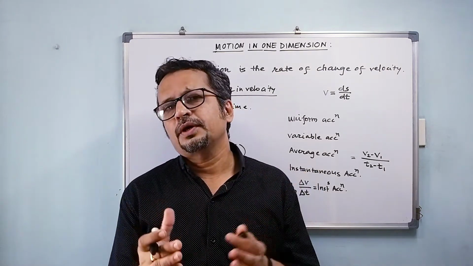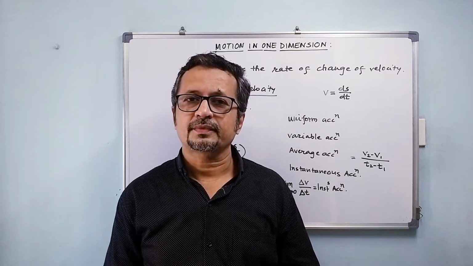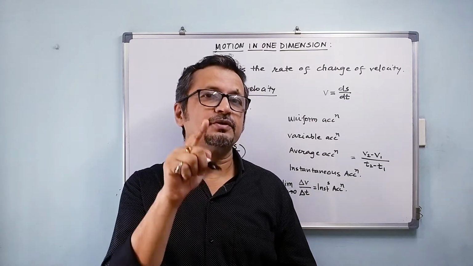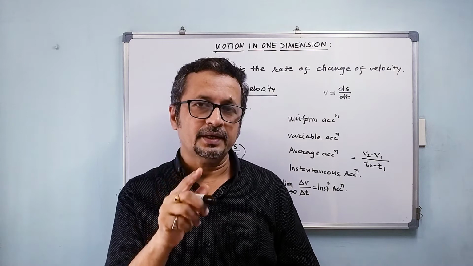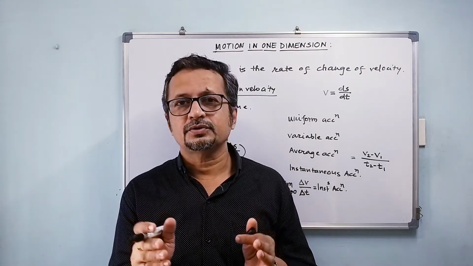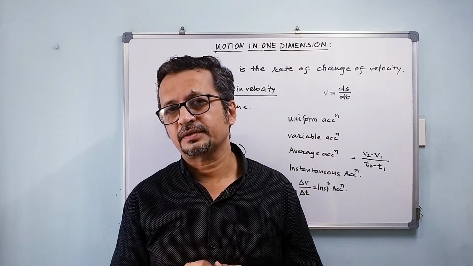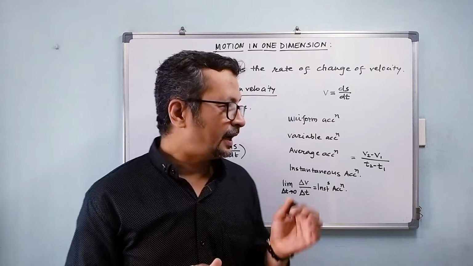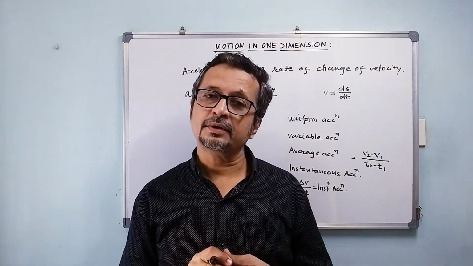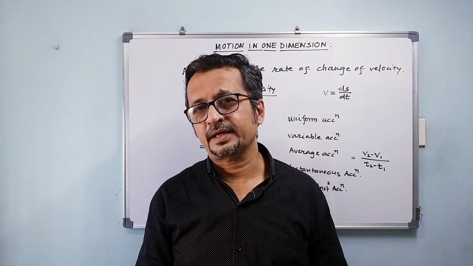Now coming to whether it is positive or negative. Acceleration is rate of change of velocity, and velocity is a vector quantity, isn't it? So obviously my acceleration will be a vector quantity. That means it can be positive or negative, correct.